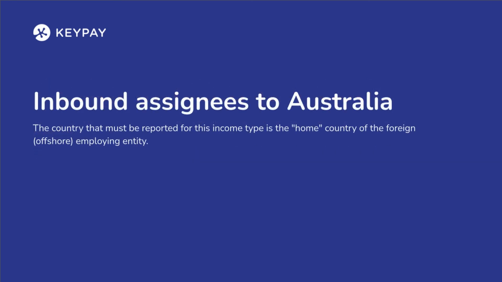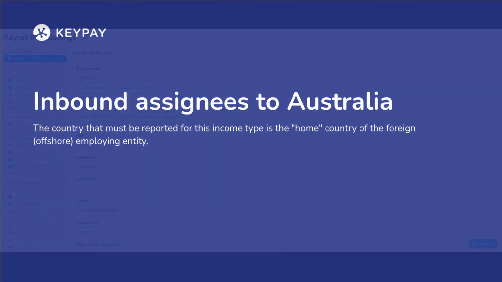Inbound assignees to Australia. The country that must be reported for this income type is the home country of the foreign or offshore employing entity. Because this income type relates to the employing entity of the employee, the country is assigned at the employing entity level as opposed to the individual level.